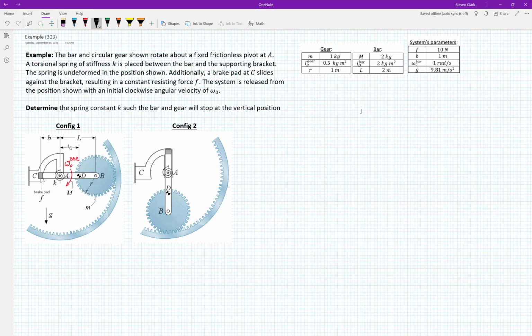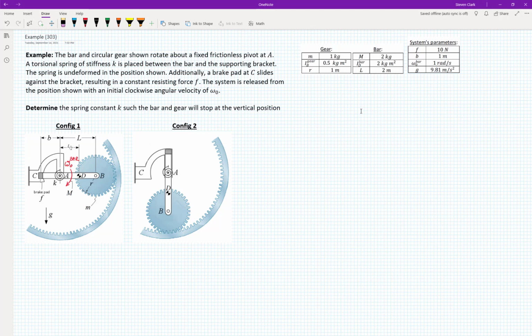What do we know about the bar? We know very similar stuff. We know that the bar has mass big M, length L, and moment of inertia about point D, which is its center of mass. What else do we know? We know that there is a friction force at the slider C, this slider.